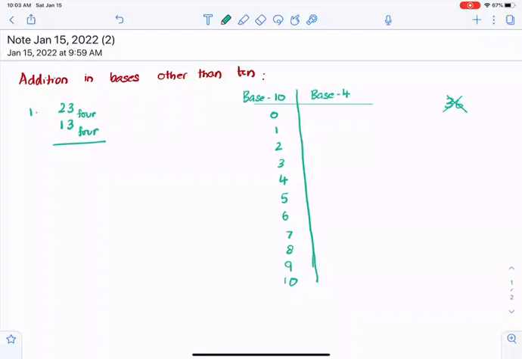So the first 4 places, not a big deal. 0, 1, 2, 3. The next one is 4. So when you get to 4, we go back to 1, the next digit, and add 0, 1, 2, 3. So 10, 11, 12, 13.